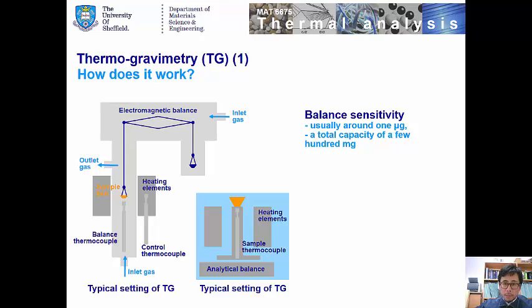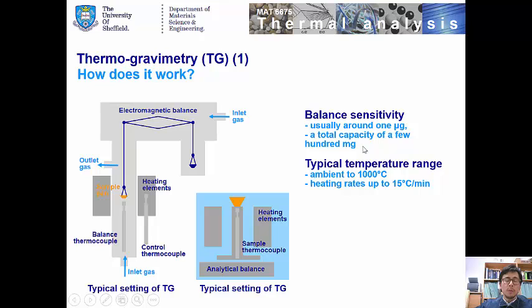The balance is very sensitive, so up to a few micrograms it is possible to detect, and usually samples measured are in milligram order, so only a small amount is required.